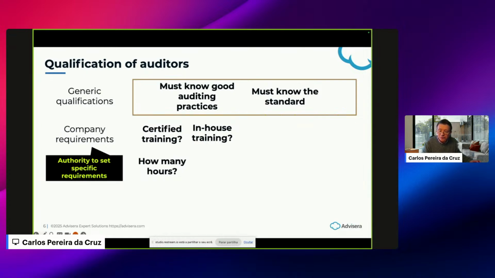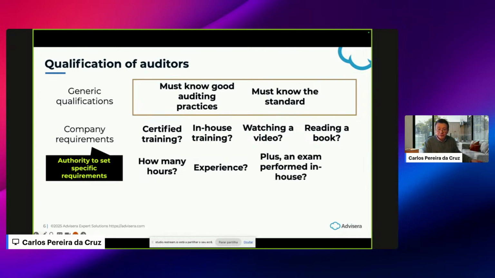Do auditors need a minimum of experience, for example at least 3 audits as observers? Companies have the authority to set specific requirements. It is up to the company, to your organization, not to the certification auditor. Or do they accept that watching a video or reading a book plus an exam performed in-house is enough?